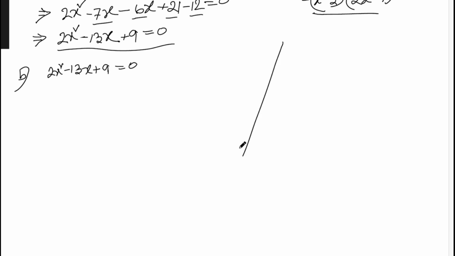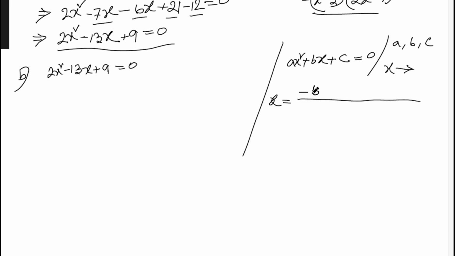From the quadratic equation, as we know, if there is an equation like ax square plus bx plus c is equal to 0, where a, b and c are constants and x is the only variable, then to find the value of x we can write x is equal to minus b plus minus square root of b square minus 4ac over 2a.